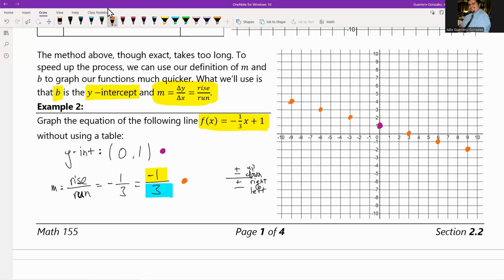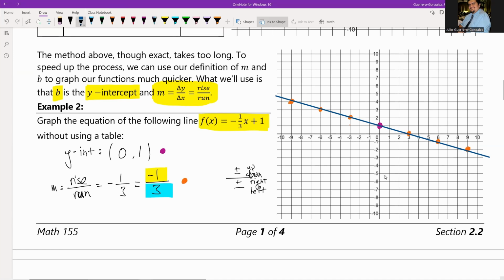There we are. I think we've got enough, right? And now it's connect the dots. Oh boy. Now it's connect the dots. I'm trying my hardest. Let's see. Oh, there we go. There's our line. Okay.